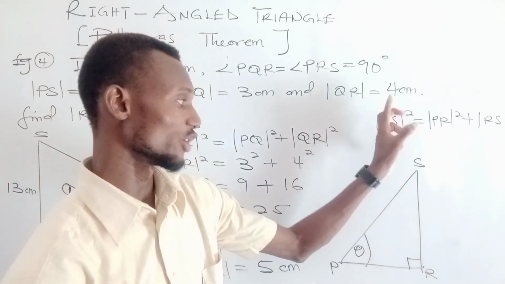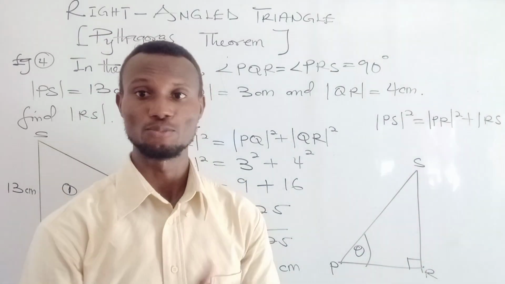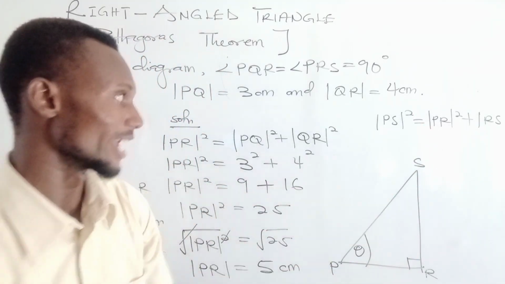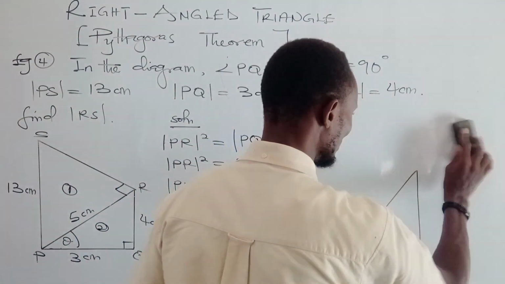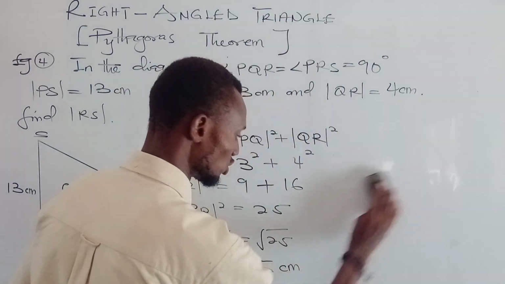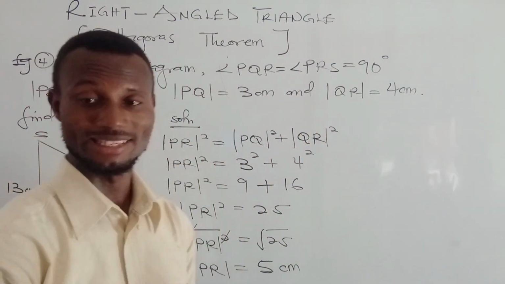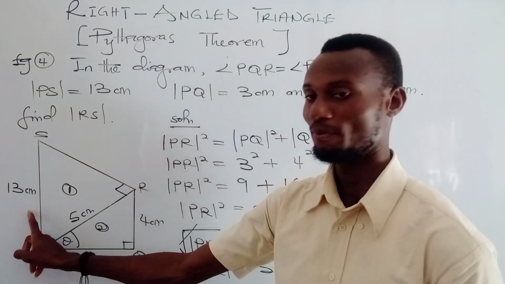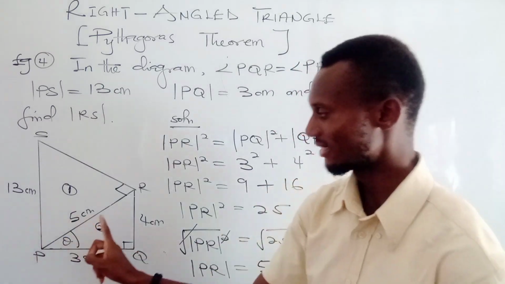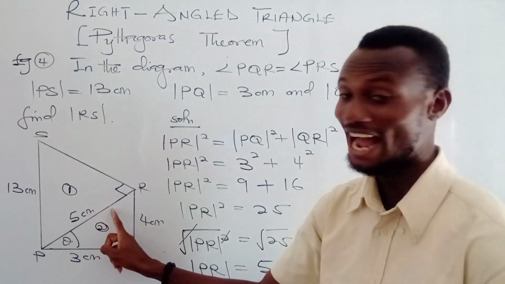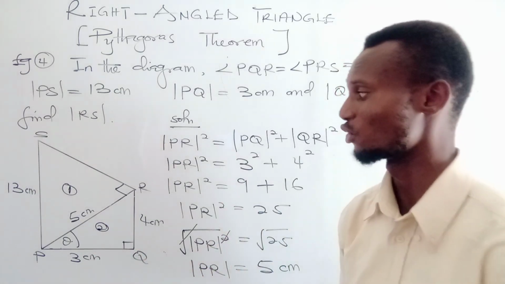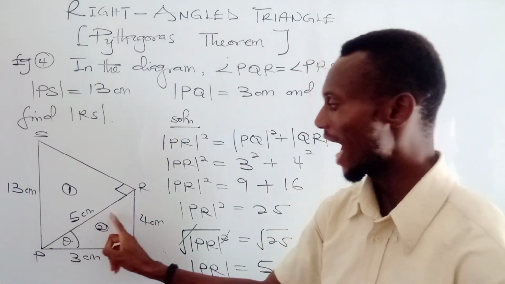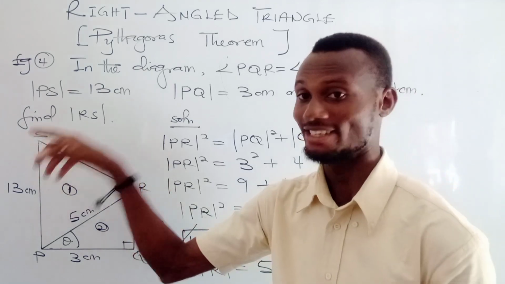So I'm going to clean this side so that we can proceed and solve for RS. I was just using it to explain it to you so that you get a better understanding. Now let's proceed. We know that this is the hypotenuse, this is the opposite, and this is the adjacent, as I've explained. So PS squared will be equal to PR squared plus RS squared.